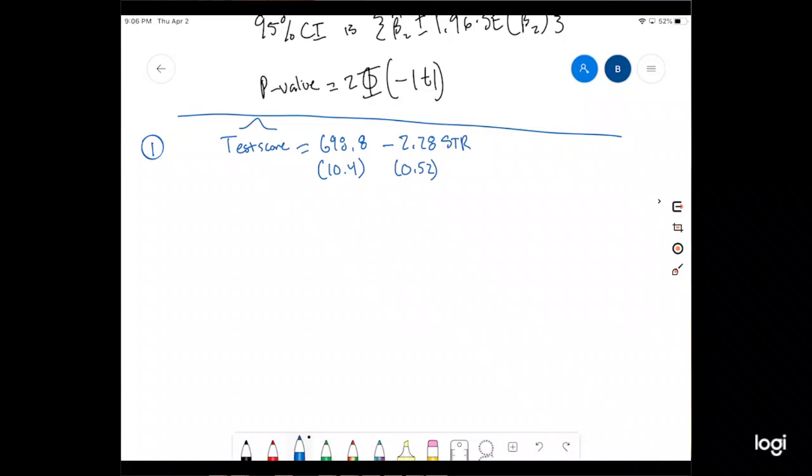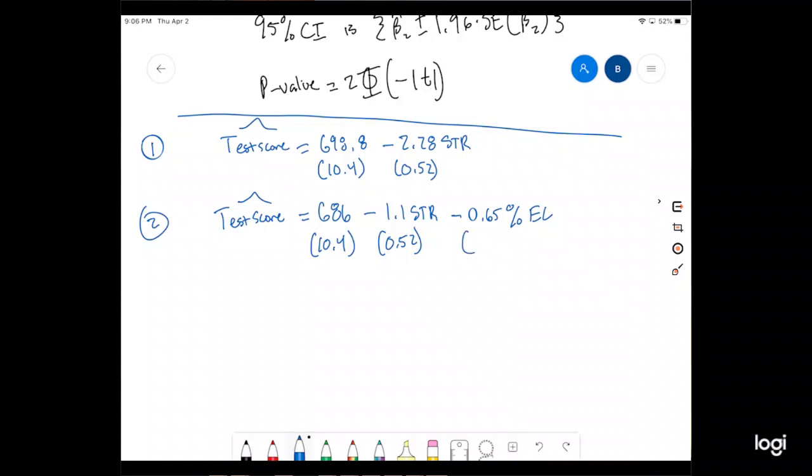Model 2 has two regressors: 686, standard error of 10.4 again, minus 1.1 times student-teacher ratio, standard error 0.52, minus 0.65 times the percent English language learners, with a standard error of 0.031.